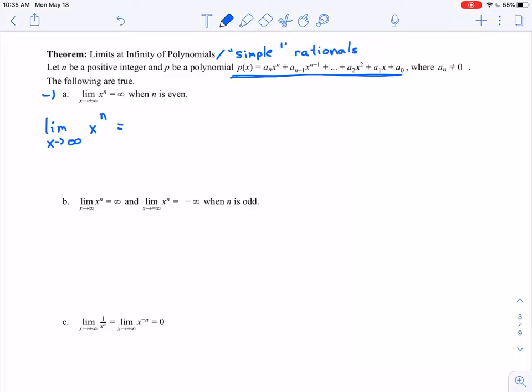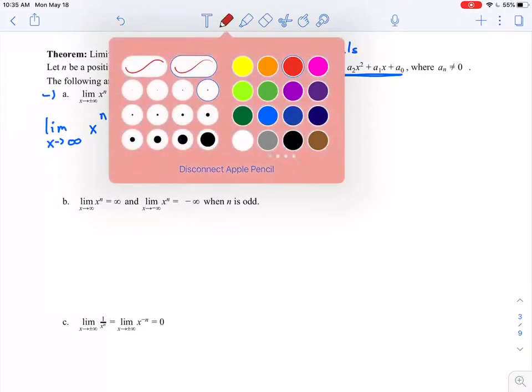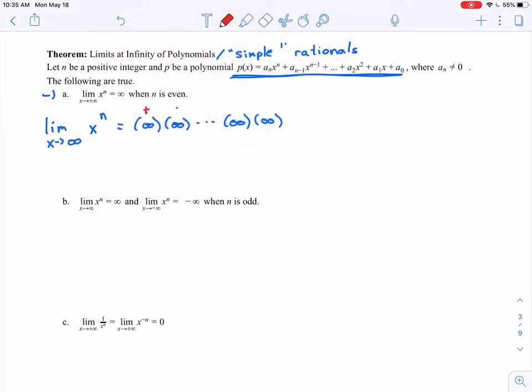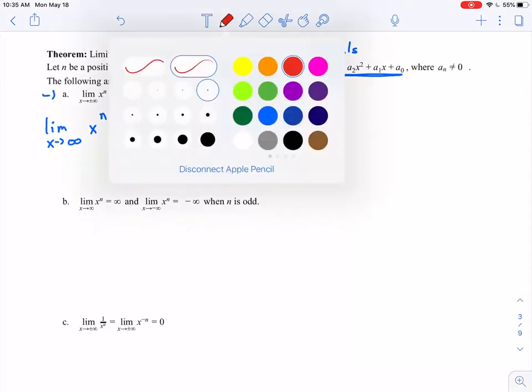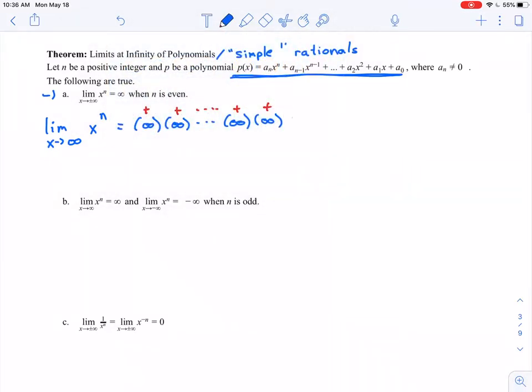So if I take infinity and plug that in, I'm going to have infinity times infinity times infinity. But all of these, remember, are positive. So this is a positive times a positive times a positive times a positive. When I multiply them together, I'm going to get another positive number.